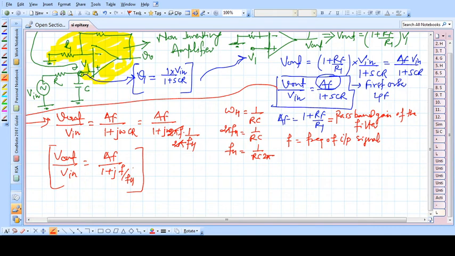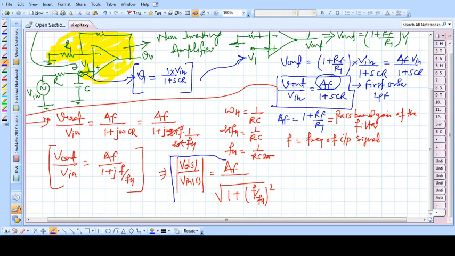After that, this one is the overall transfer function, output by input. If we take the magnitude of this, V naught by V in, you can write the frequency term also: it should be AF by square root of 1 plus F by FH squared.